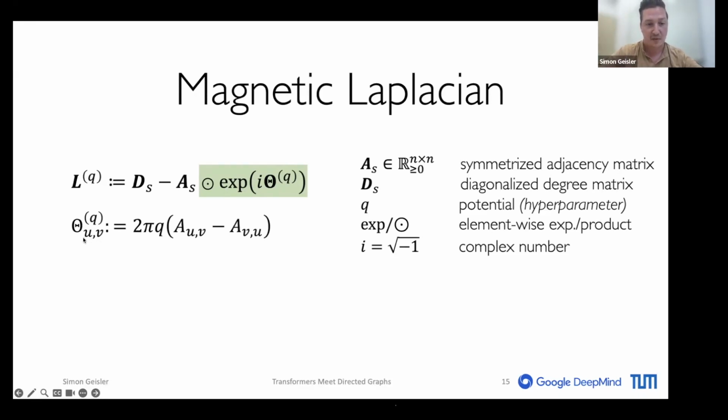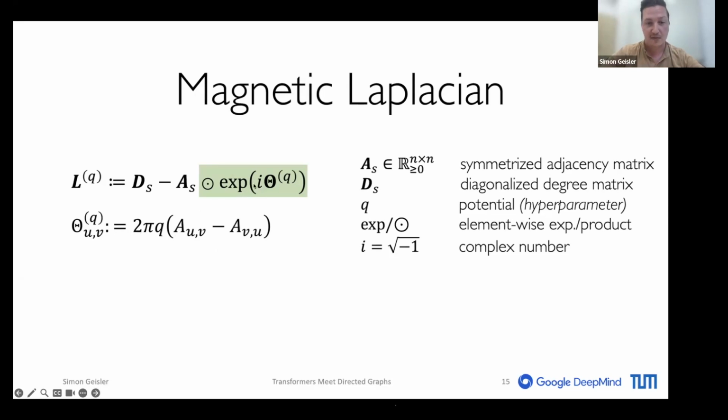This is defined for the difference between node u and v to be 2 pi q times A_uv minus A_vu. So depending on the edge direction, this will either be +1 or -1, or some weight if we have a weighted adjacency matrix, or it will be 0 if both are the same, which means there's no edge or there is an undirected edge. So we handle this case quite nicely here.